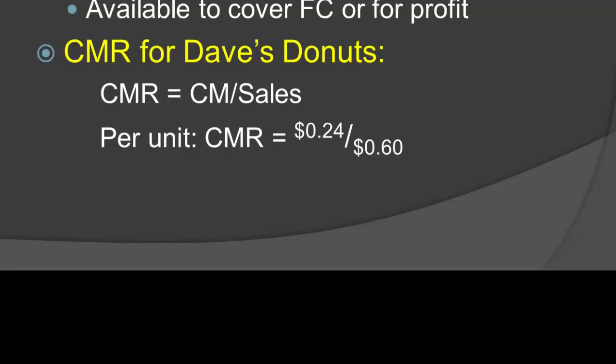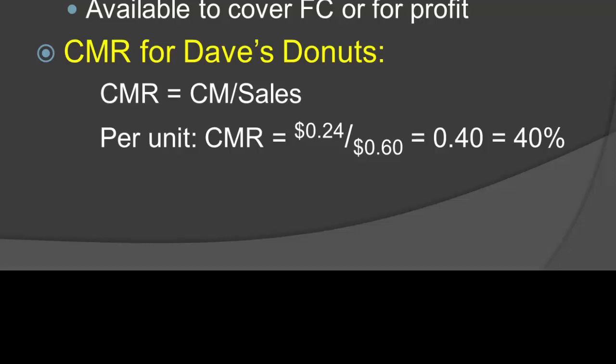The proportion has to be the same. In this case, we know that Dave's contribution margin is 24 cents and his sales revenue is 60 cents. So that tells us that he has a 40% contribution margin ratio.